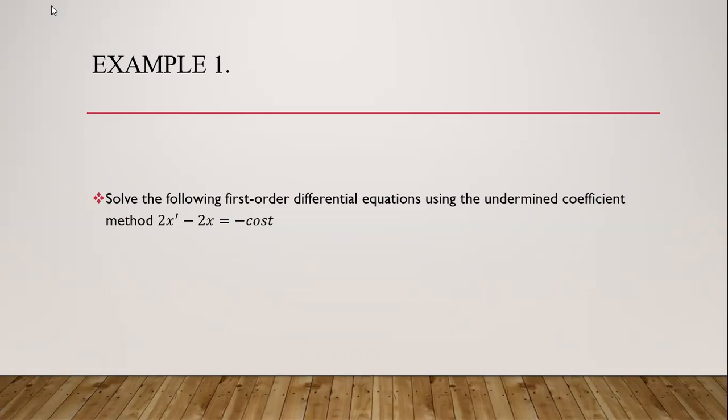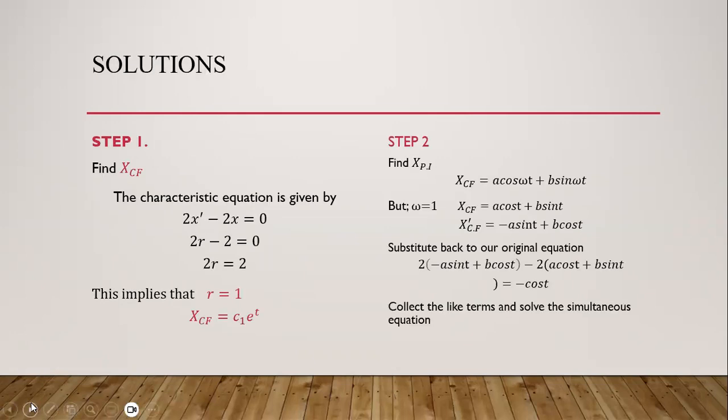But in our case, our x prime will be representing dx/dt. That means it's the first derivative, and our equation is a first order differential equation. So to solve the equation, we start with the first step, getting XCF, the complementary function. The first thing we do is equate f of x to 0.